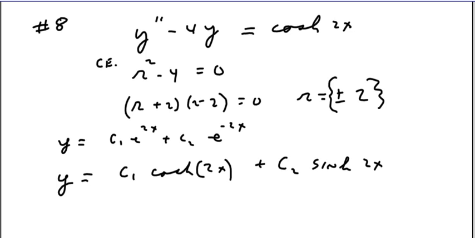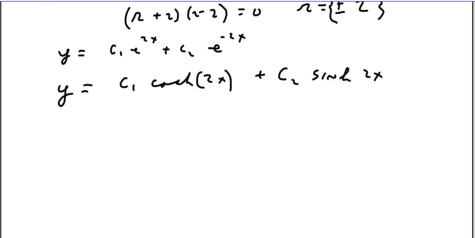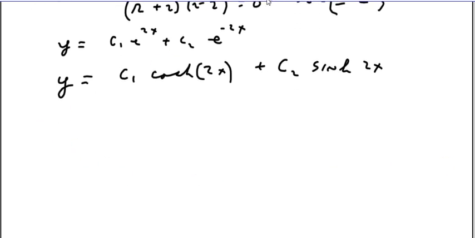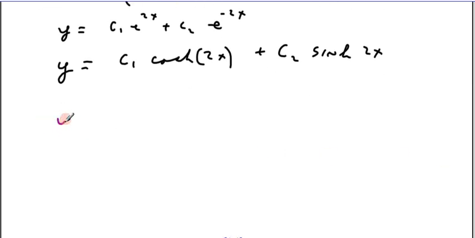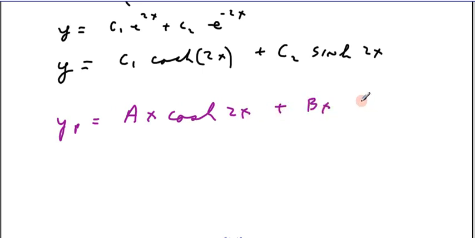So if we keep it in hyperbolic sine and cosine, then what we'd end up doing, because the equation itself has that term in it, we're going to have to throw in an x guy. So y sub p is going to be a x hyperbolic sine 2x plus b x hyperbolic sine 2x.